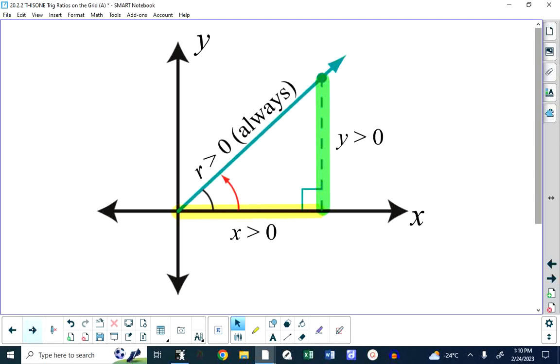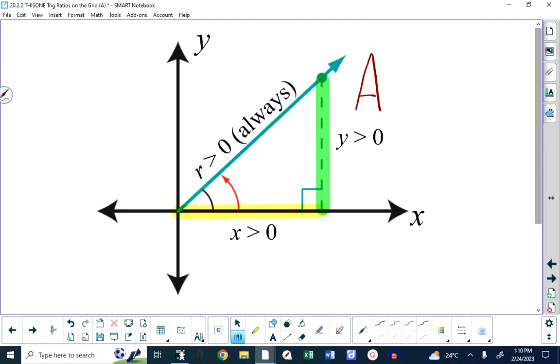In quadrant 1, what are we talking about here? We're talking about x being positive and y being positive. So in quadrant 1, in terms of sine, cosine, and tangent, they will all be positive, won't they? Don't let that just roll off your brain. Think about it.